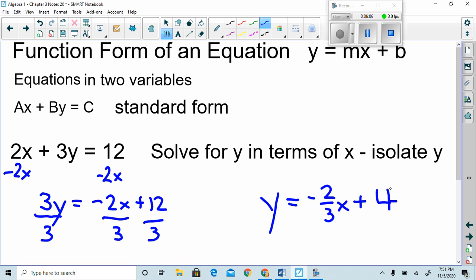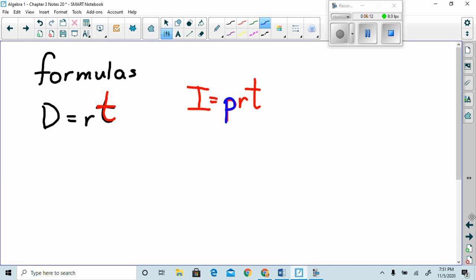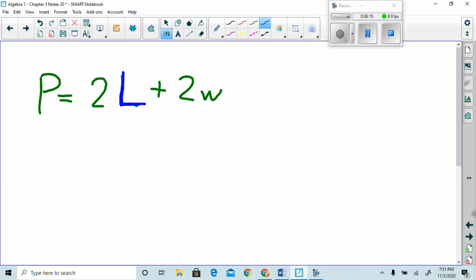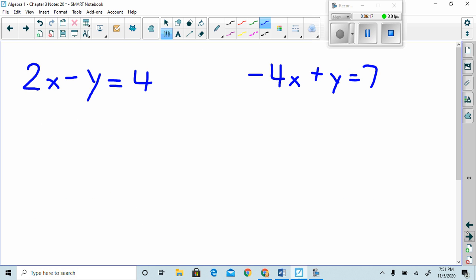We're going to be doing a whole series of these because this is going to become very important in our next 2 chapters. We can look at some more formulas, but for now I'd like to look a little bit more at this function form for maybe 1 or 2 more problems. My goal once again is to isolate y. I'll do that first here by subtracting 2x on both sides.